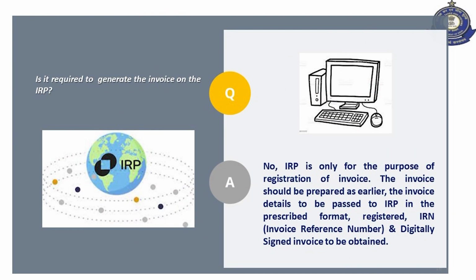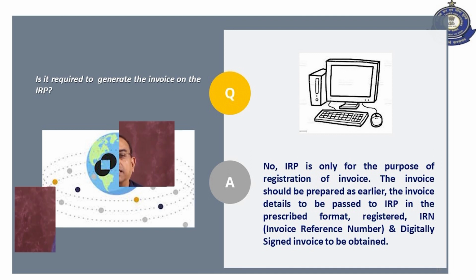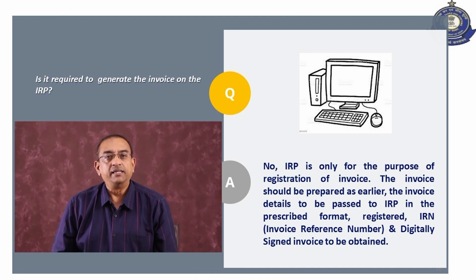The next doubt that arises in the taxpayer's mind is whether it is required to generate tax invoice in the e-invoice portal, that is invoice registration portal. The answer to that is it is not required to be generated from the e-invoice portal.